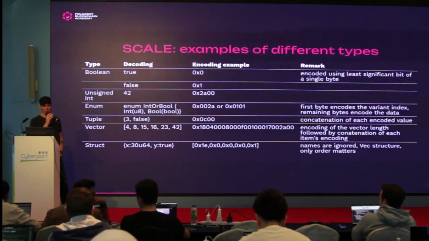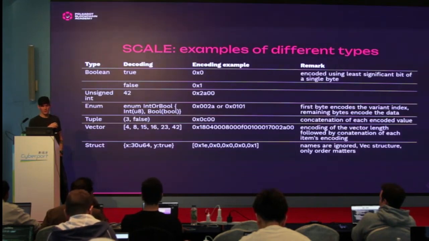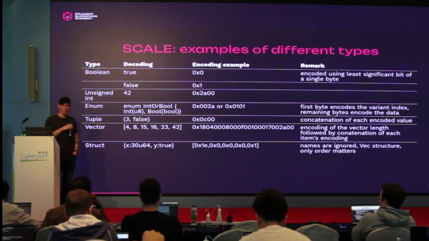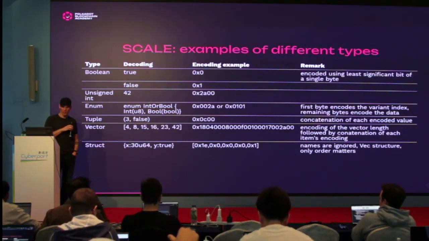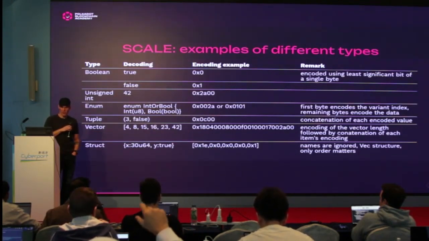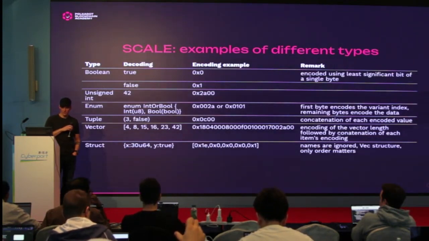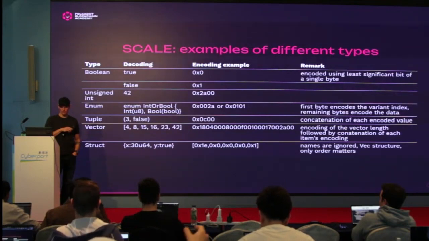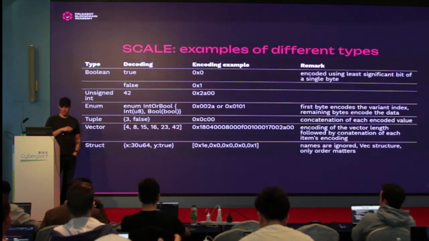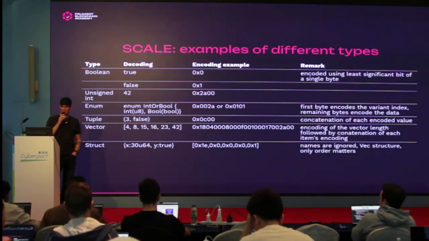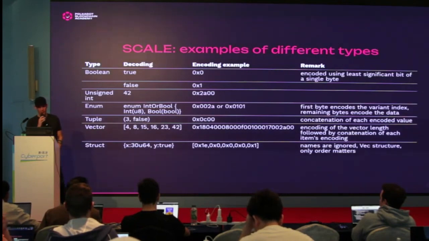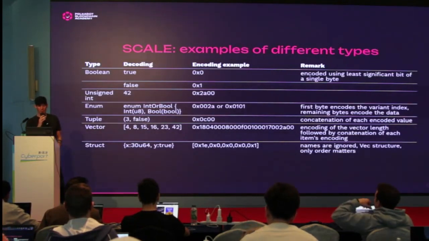What I meant is that in some programming languages, the order matters for the size. If you put some fields in one particular order, it can be encoded in fewer bytes, and if you reverse it, it can be bigger. Yeah, it could be an optimization.